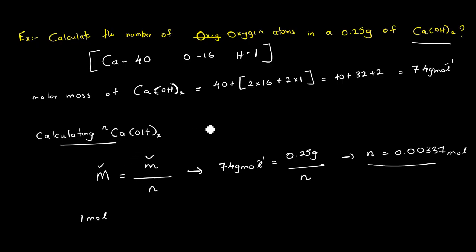Because if you take 1 molecule of calcium hydroxide, there are 2 atoms of oxygen. Now if you take 1 mole, then you have 2 moles of oxygen. Whatever the amount you take, there are 2 times of it, the oxygen atoms.